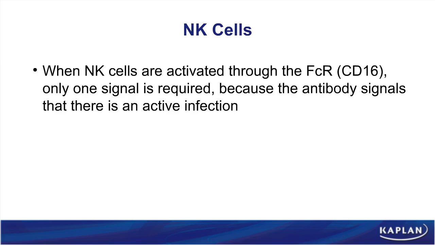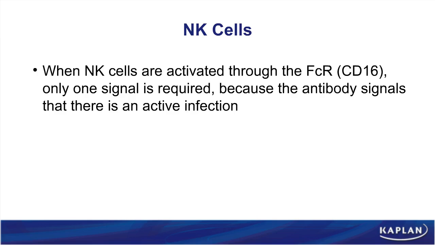Now, what's really neat when we talk about natural killer cells, and we've already alluded to this other mechanism of killing through ADCC, is that we just looked at the innate killing of target cells by natural killer cells, so we know about the utilization of the activating receptor and the inhibitory receptor.